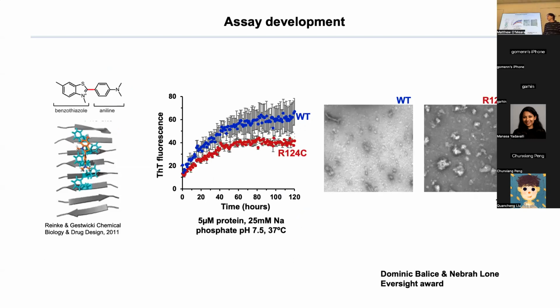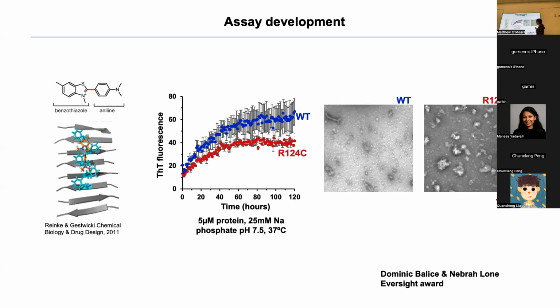Of note, there is an assay which can detect, and can be used for screening, whether amyloid fibril formation is occurring or not. It's a molecule, thioflavin T, which produces fluorescence only in the presence of beta sheets. If there is no beta sheet, there are no amyloid structures and no fluorescence signal.